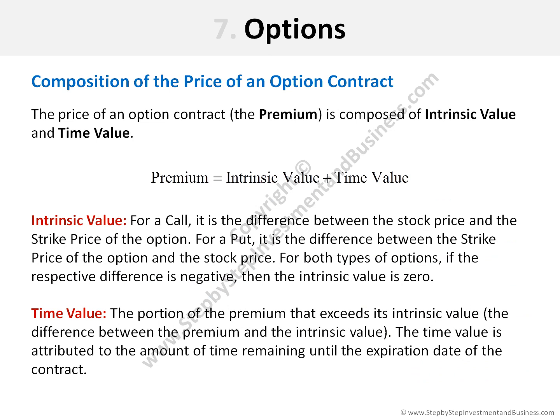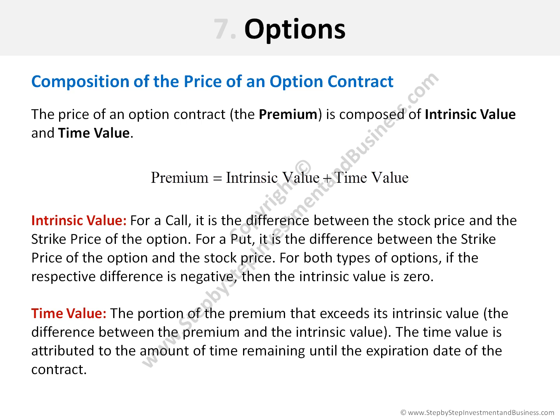Now let's see how the price of an option contract is composed. The price of an option contract, that is, the premium, is composed of intrinsic value and time value. Therefore, the premium of an option contract is expressed as we can see here. The premium is equal to the intrinsic value plus the time value.